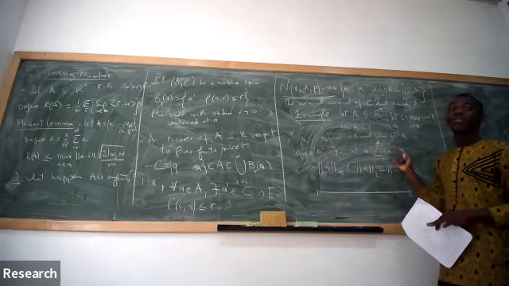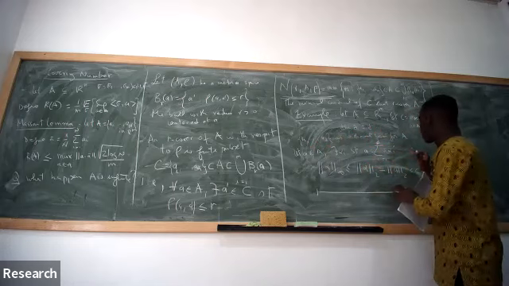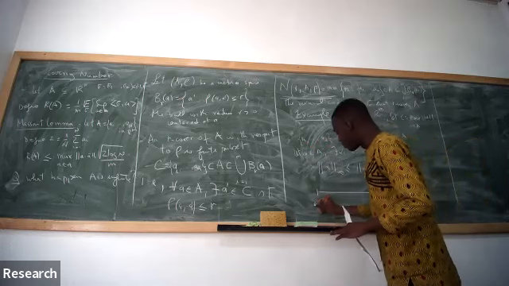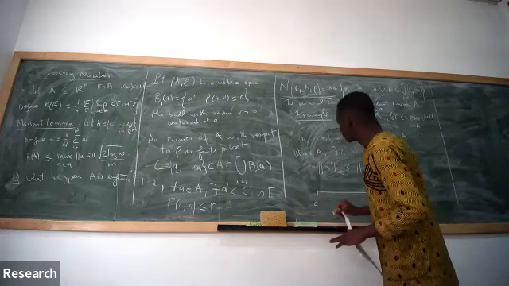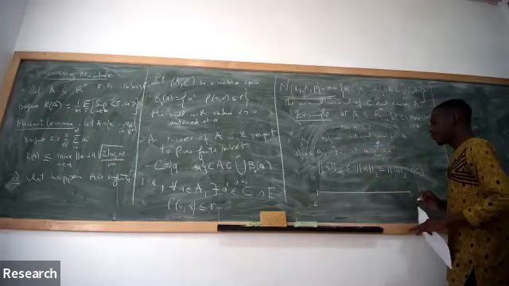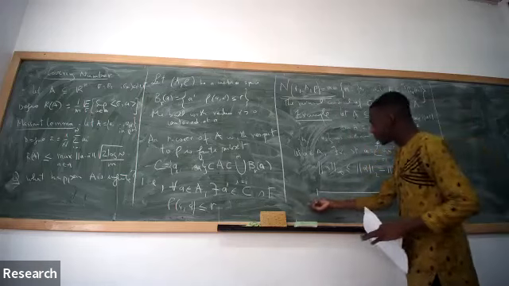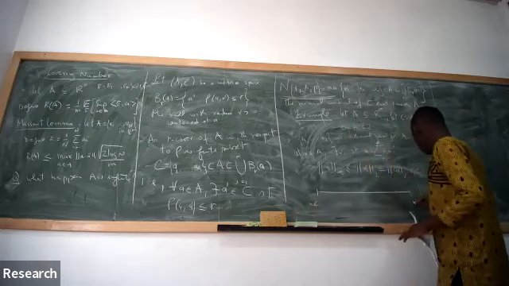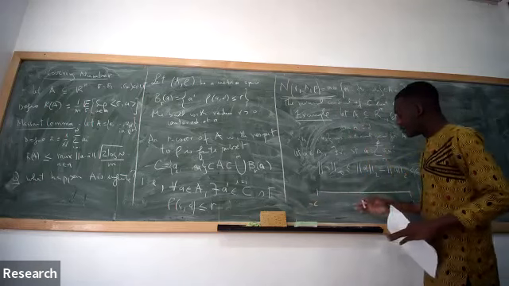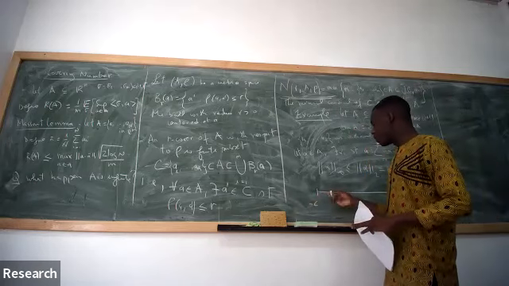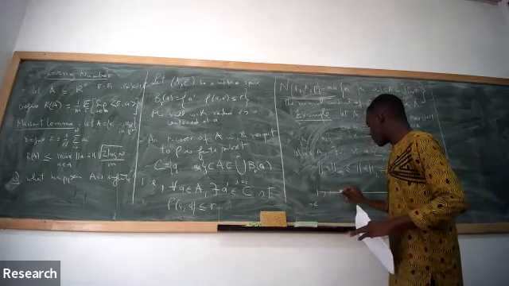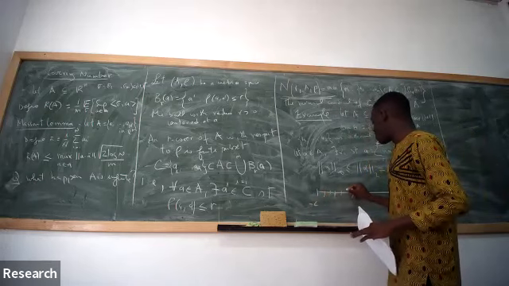How am I going to represent those alpha i? I assume that my alpha i will start with minus C and end up with C, in such a way that my step will be epsilon.